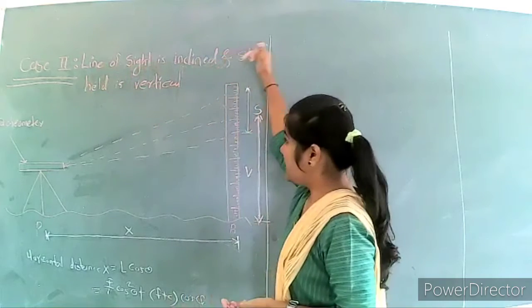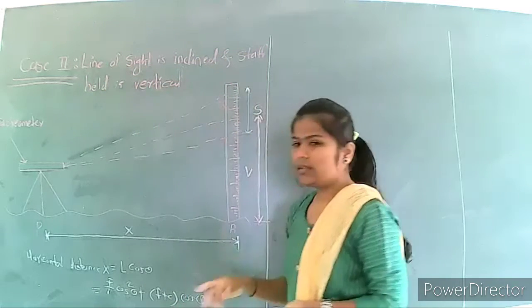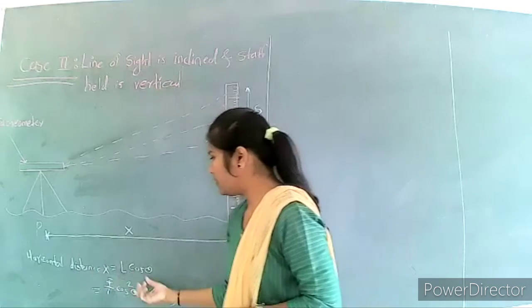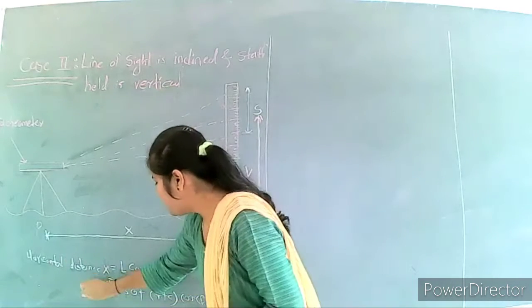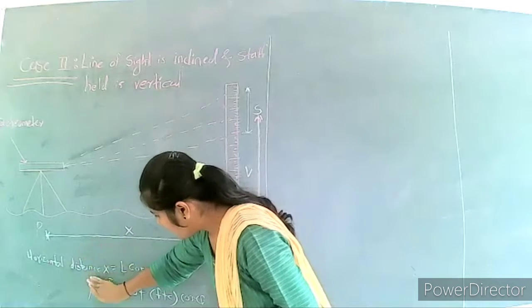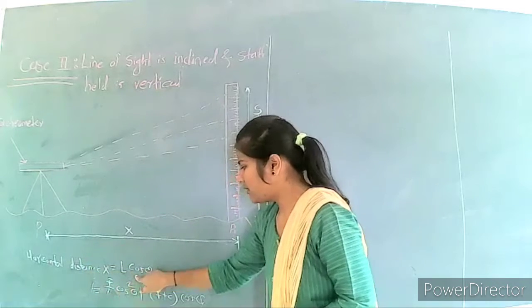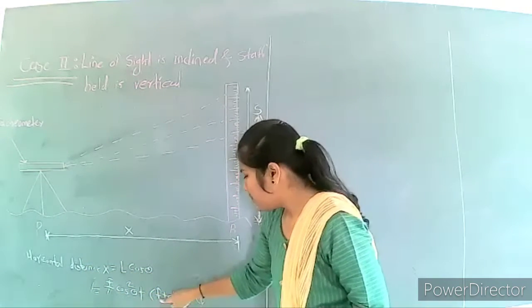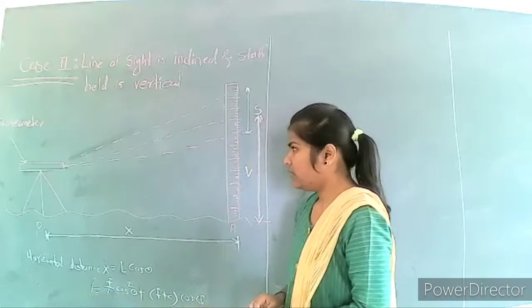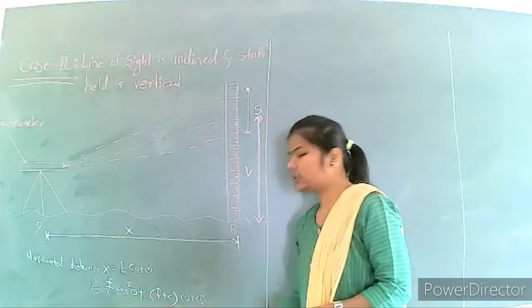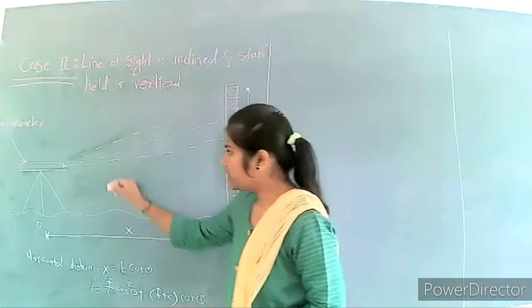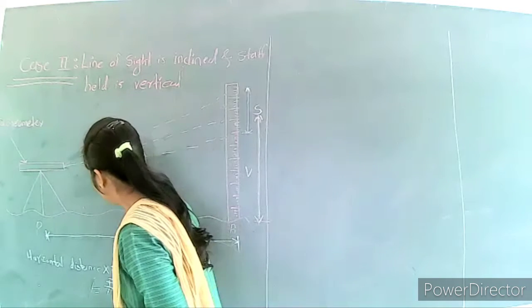When the line of sight is inclined and the staff is vertical, then the formula we use for finding the horizontal distance is f/i into S cos square theta plus (f plus d) cos theta. In this condition, what is meant by theta and how do we calculate theta?